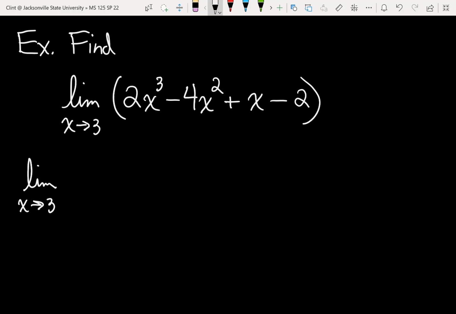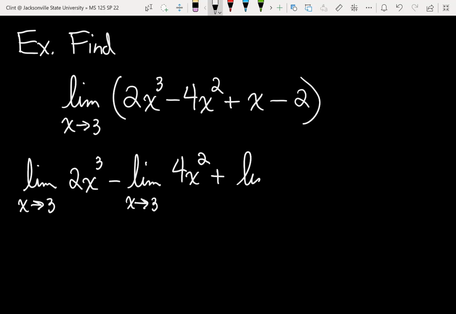I know I can break each one of those up using the addition and subtraction properties. This would be the limit of 2x to the third, minus the limit of 4x squared, plus the limit as x approaches 3 of x, minus the limit as x approaches 3 of 2.